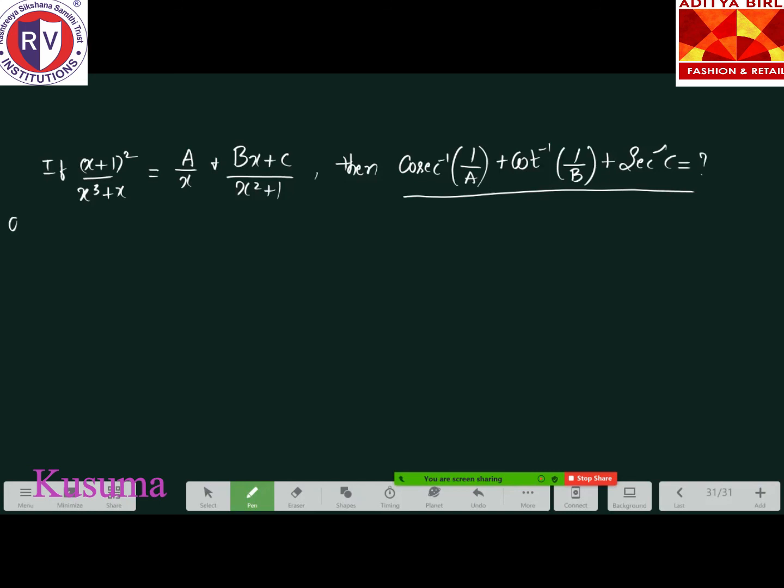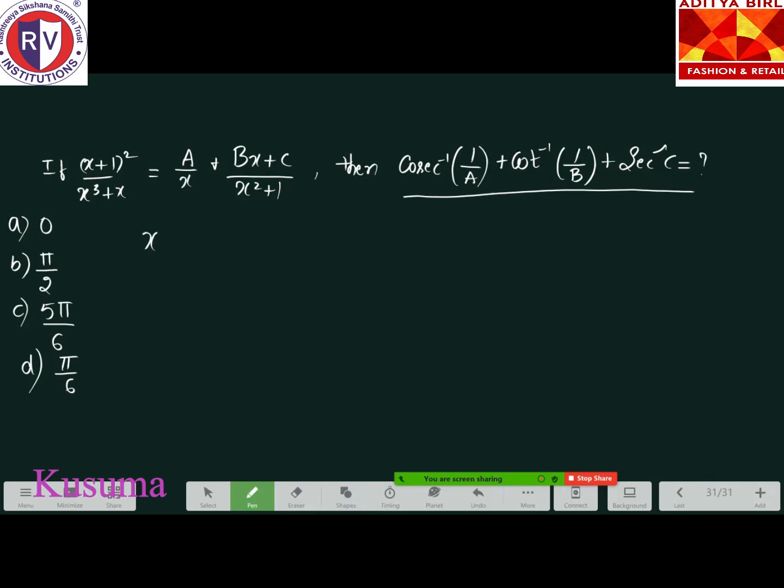The options given are option A 0, option B pi by 2, option C is 5 pi by 6, and option D is pi by 6. Okay. So let us see what happens to the values of a, b and c.